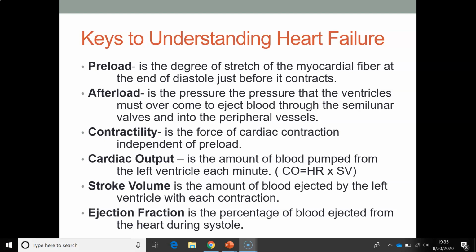And the reason that ejection fraction is important to know is because we don't eject all of our blood with each contraction. The normal ejection fraction is about 55% or higher. When a person has less than 40%, they are considered to have heart failure. So that's where that comes into play.